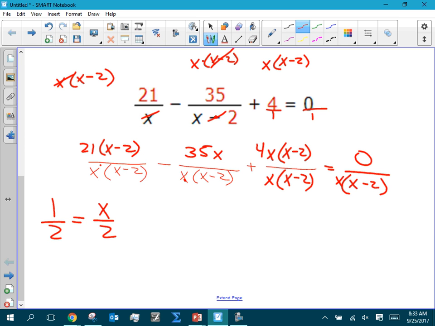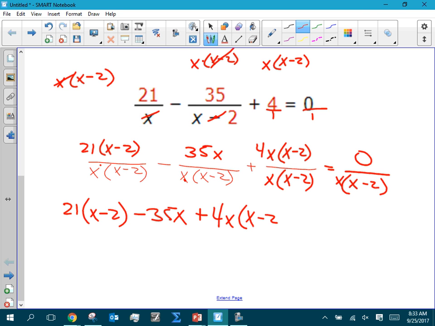So once we develop all the denominators to be the same, we can shortcut things and just end up with 21 times x minus 2 minus 35x plus 4x times x minus 2 equals 0.